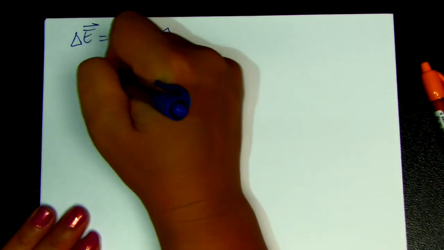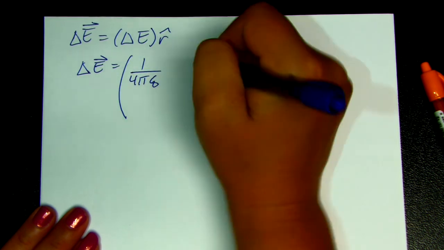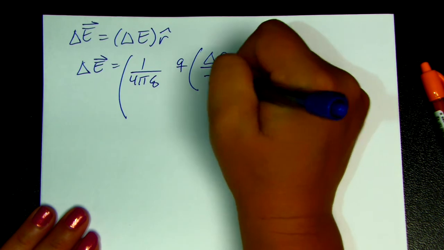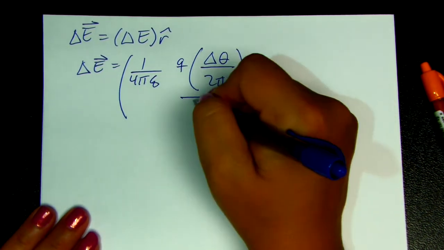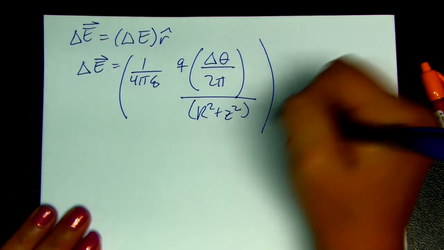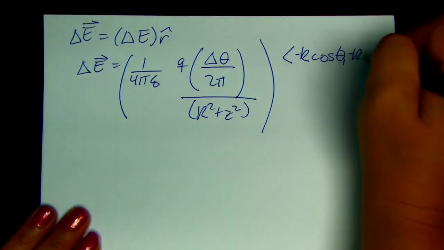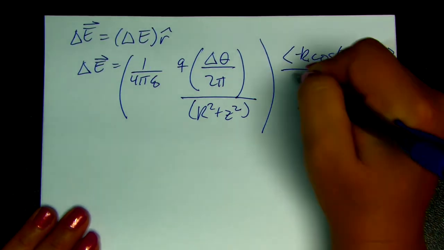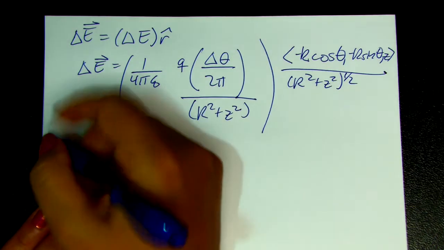And so delta E is equal to 1 over 4 pi epsilon naught q times delta theta over 2 pi, because there's 2 pi radians if you go around the circle, divided by r squared plus z squared, times minus r cosine theta, minus r sine theta, z, over r squared plus z squared to the power of 1/2.